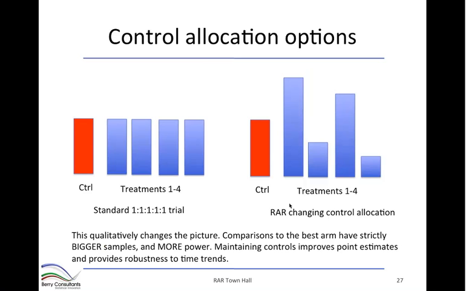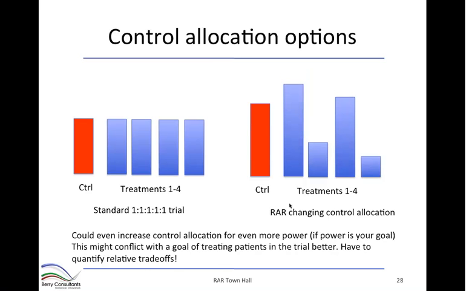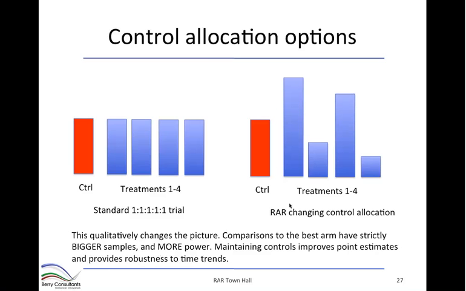Here the second best arm does have more, but the third best arm does have less. So that would be situation specific. But that comparison of best arm is actually going to have more power. If you wanted to, you could actually increase the control allocation. So if you really wanted to focus on power, you could use RAR in this context, and you might even do better. We're going to primarily focus on maintaining the control allocation.